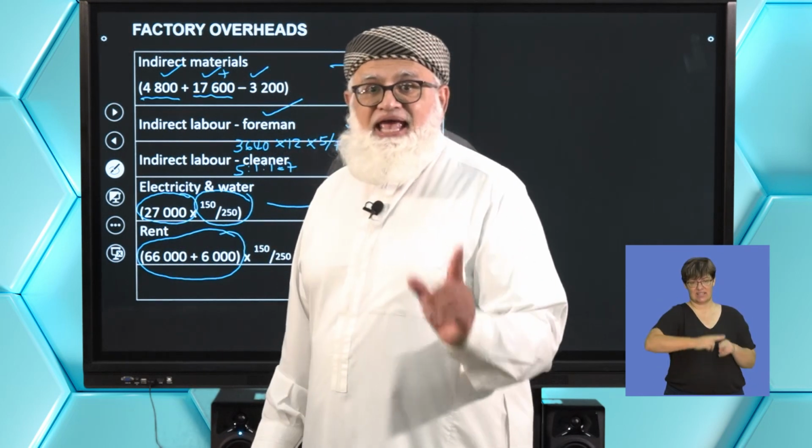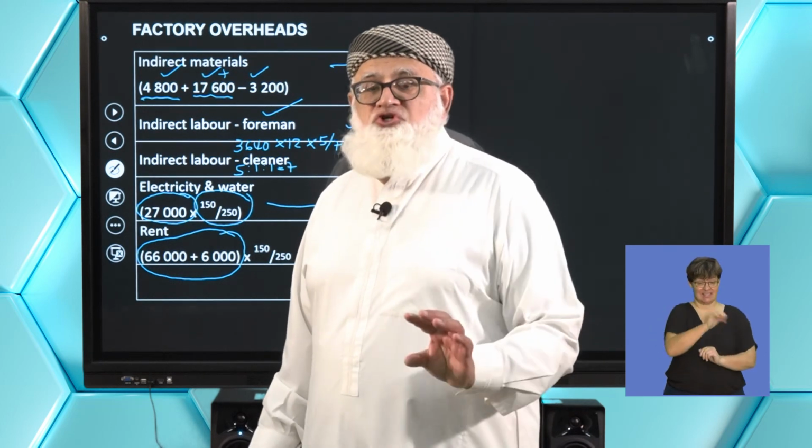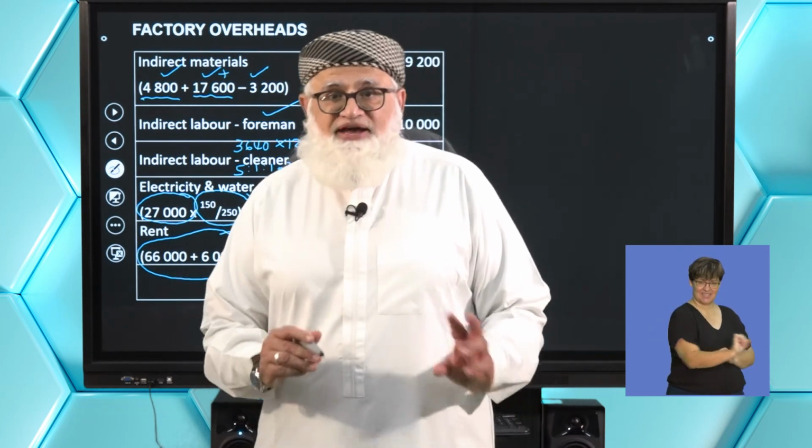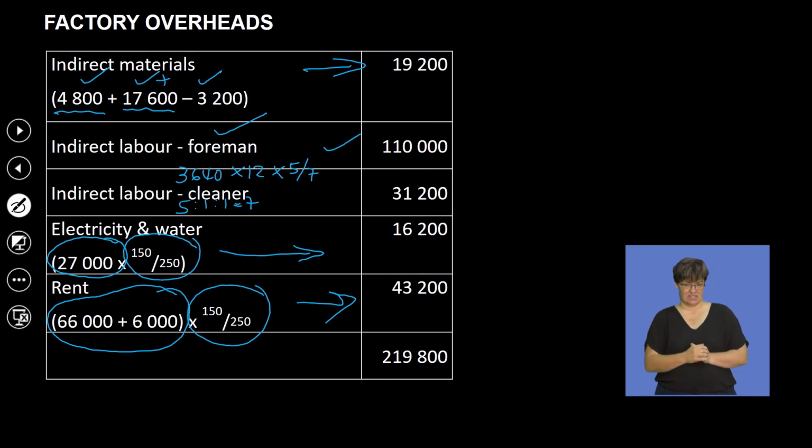And then, again, you use the floor space to determine what portion must be allocated to the factory. So therefore, 150 over 250, and that gives you your 43,200. You now have a total for your factory overheads. Important figure. Why? 219,800. Watch.